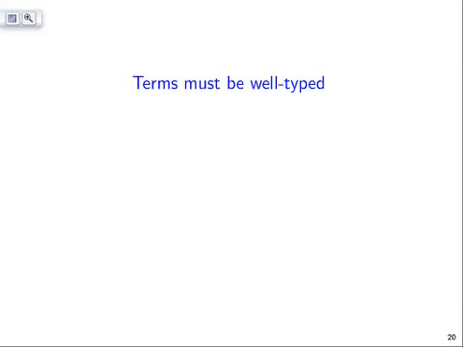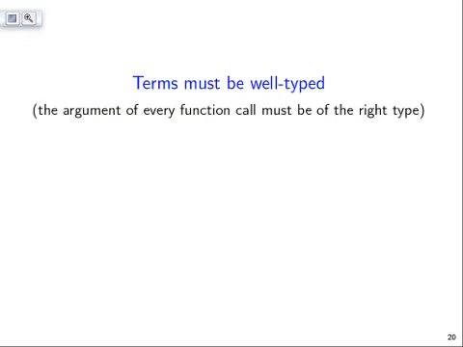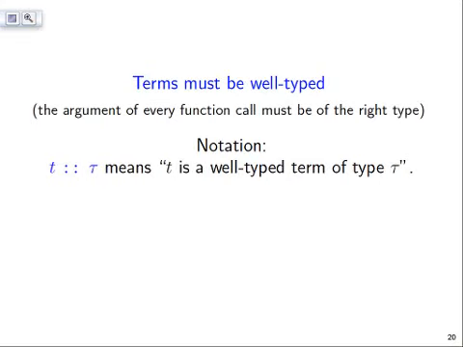Terms must be well typed, otherwise the type system is kind of useless. What does that mean? Essentially, it means that the argument of every function call must be of the right type for that function symbol. And the notation we're using here is borrowed from Haskell. t :: tau means that t is a term that is well typed and is of type tau.